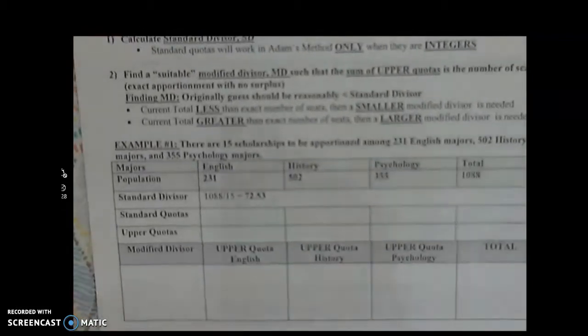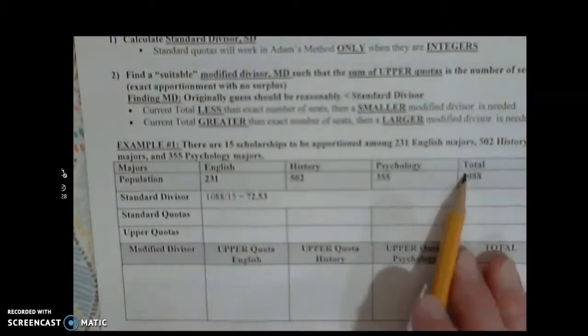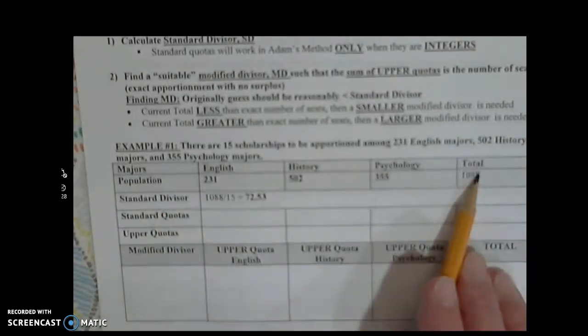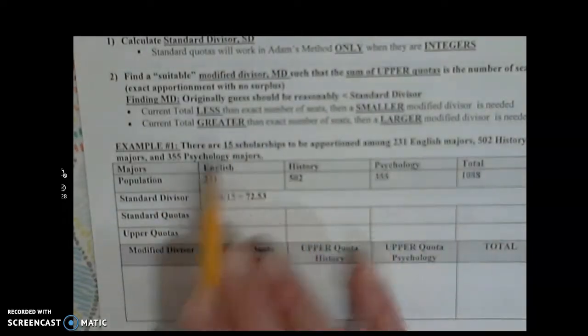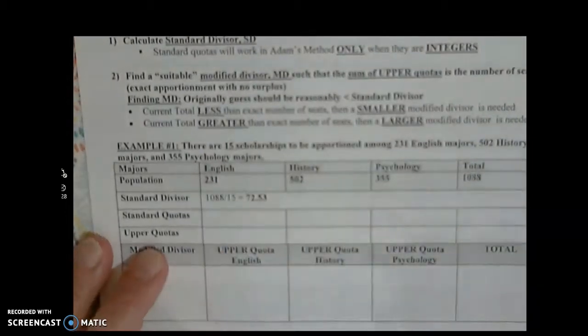All right, so same process as before. We have our numbers, we have our total, and we find our standard divisor by doing the total divided by the number of seats. In this case, back to that 15. And we had 72.53.